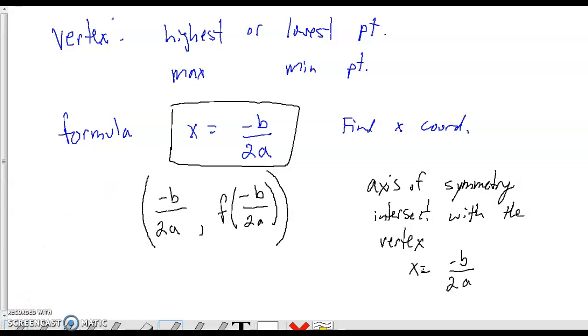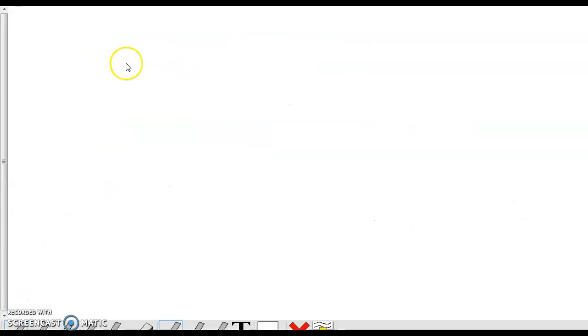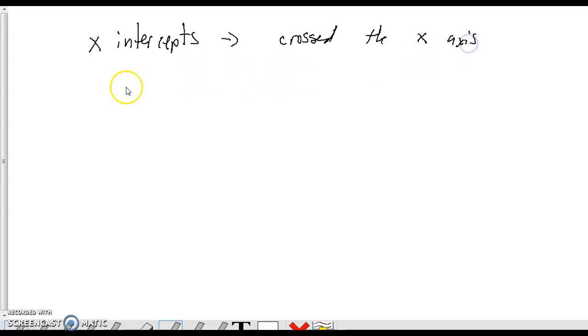Okay, what else can we find on here? We are going to have x-intercepts. So x-intercepts is where it crosses, just in case we forget, the x-axis. And how we are going to find that is by factoring. So we can factor to find our x-intercept. So again, it'll be some number, comma, 0, right?